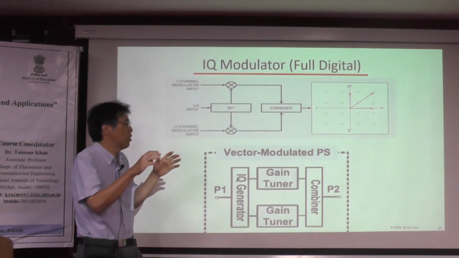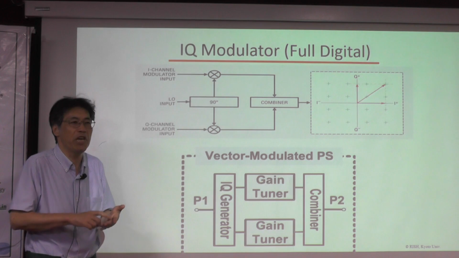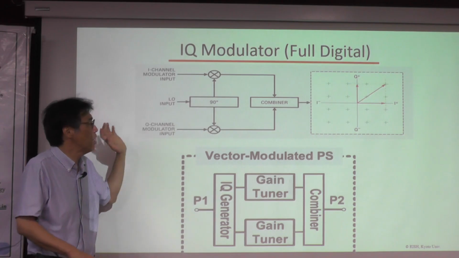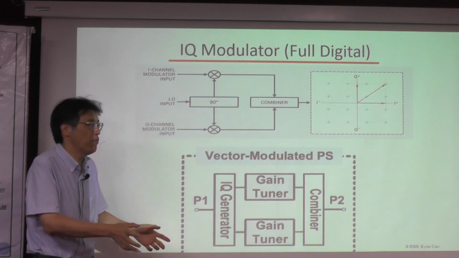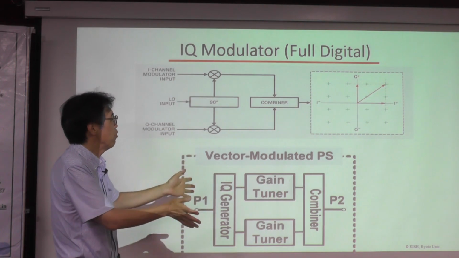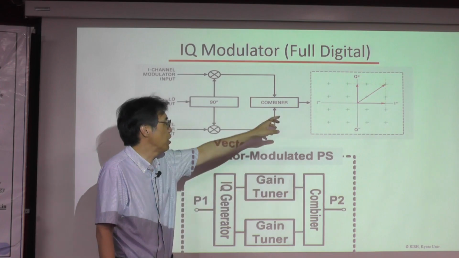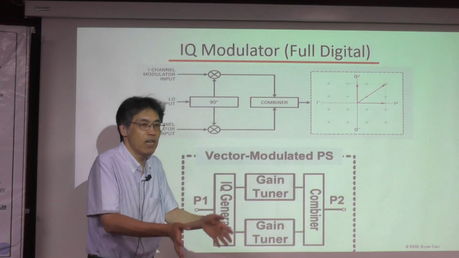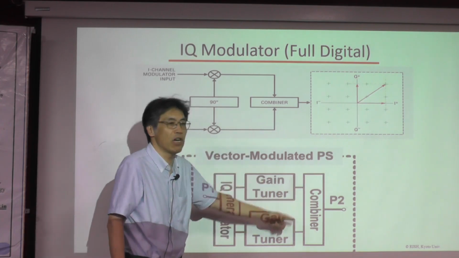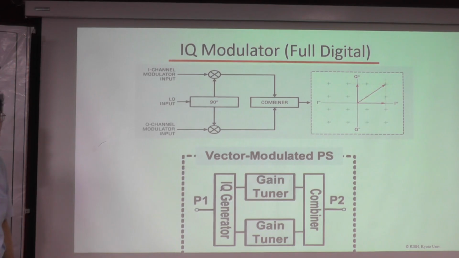So it means a radio wave can be explained with cosine theta plus j sine theta. With the help of this real factor and imaginary factor, I and Q, we divide the radio wave once, and we control the gain, and again we merge this gain-controlled signal, and as a result we can control the phase from the merged signal. So this is a very simple explanation of the digital beam forming networks.